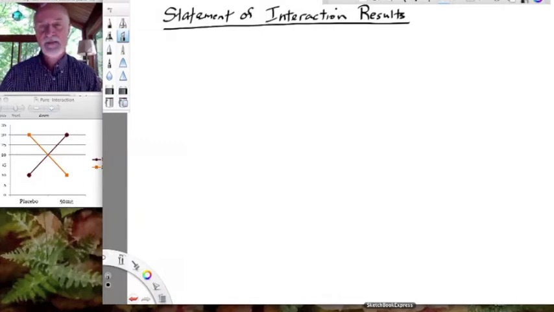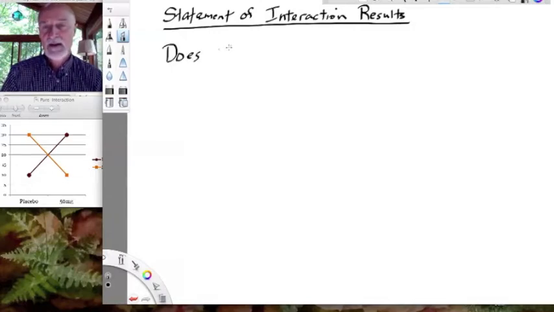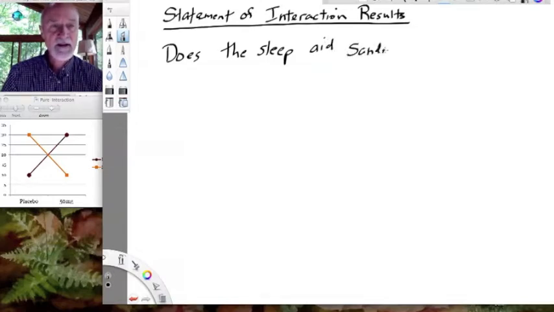as biologists? So I think it helps to have an example. So let's create a problem here where we are looking at this question. Does the sleep aid, we imagine a drug that some drug company has come up with, does the sleep aid, we can give it a name, let's call it Sandman. It's a nice name for a sleep aid.